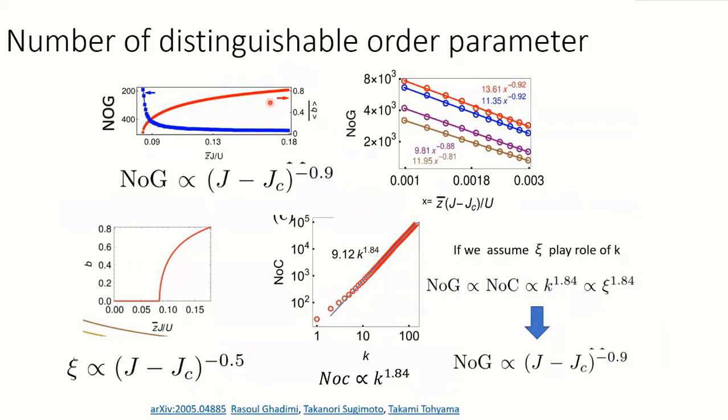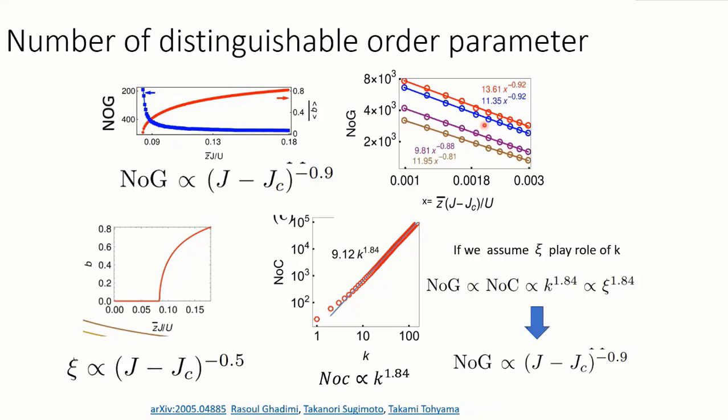So if we do this for different hopping strengths, you can see that it increases by approaching the phase transition. Again, signaling that different vertices behave differently near the phase transition. I mean, they become more distinguishable at the phase transition.